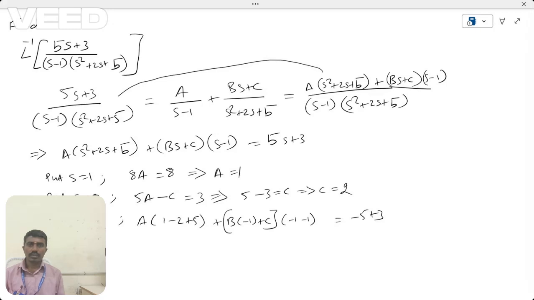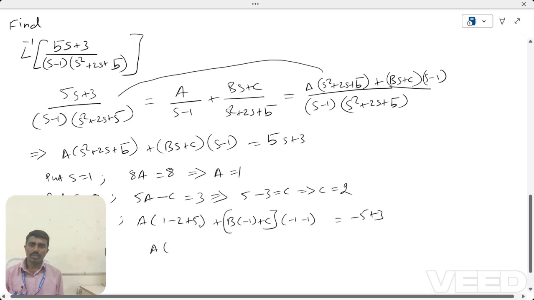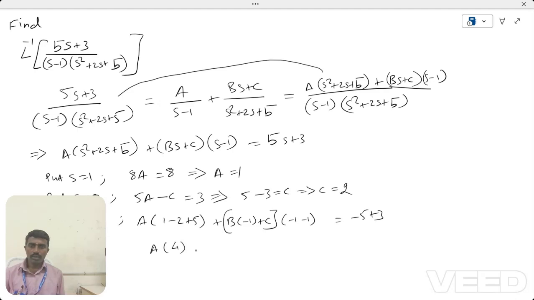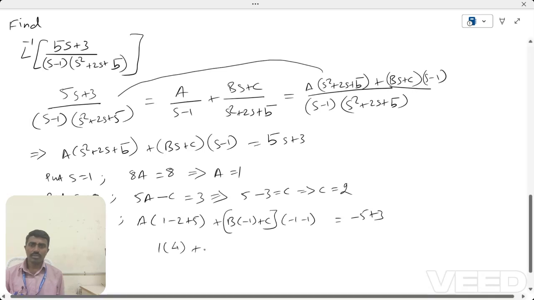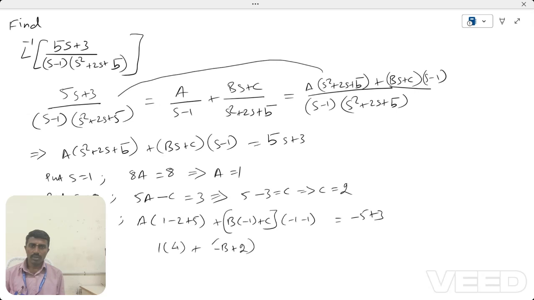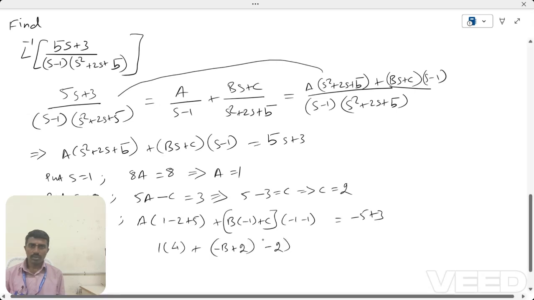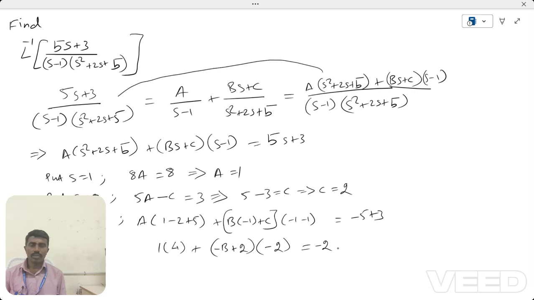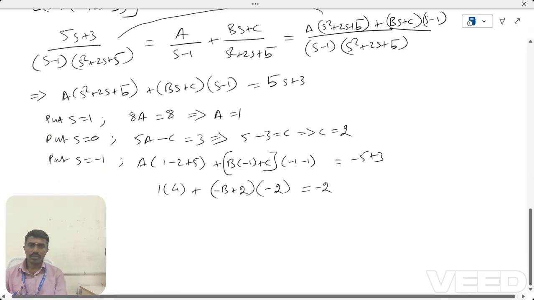Okay, now simplify this equation. So A into 1 minus 2 plus 5 is 4, plus, substituting the A value also, minus B plus C is 2 into minus 2, equal to minus 5 plus 3 is minus 2. So now simplify.